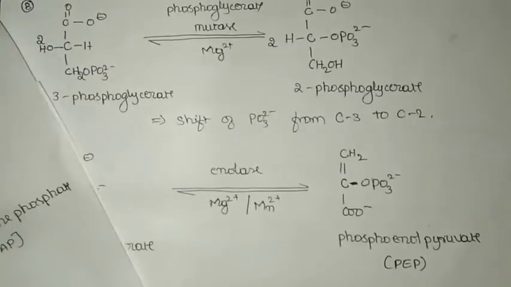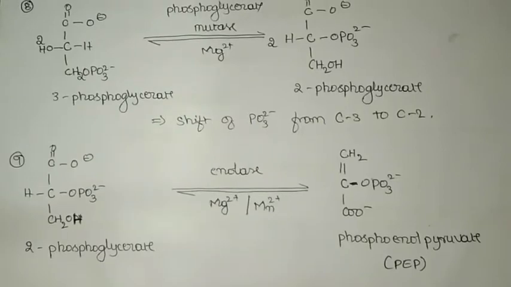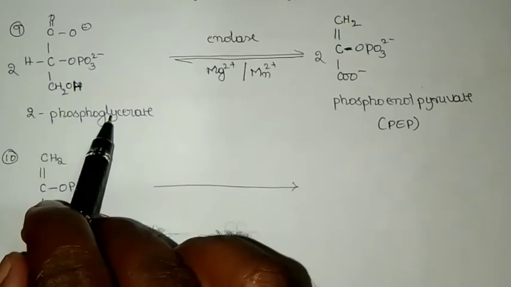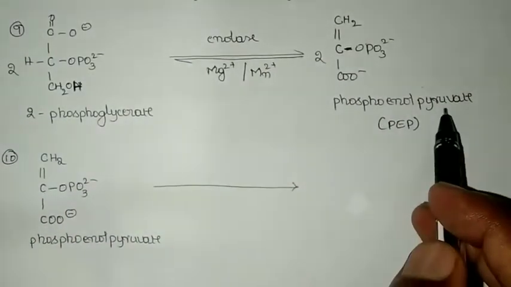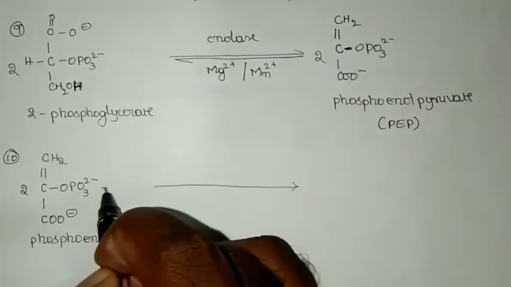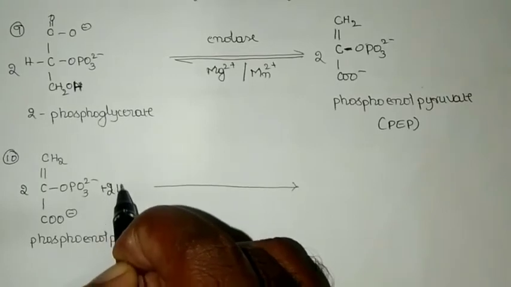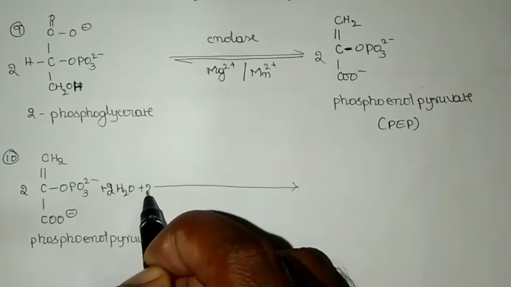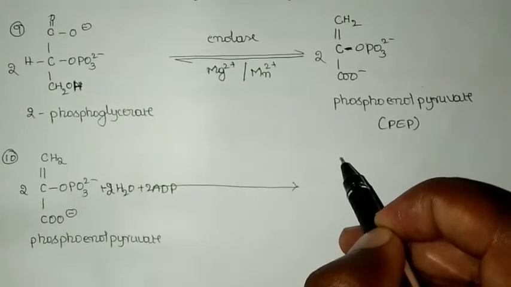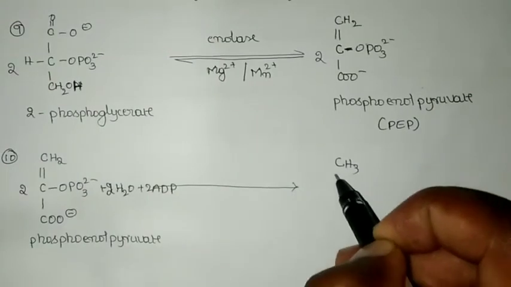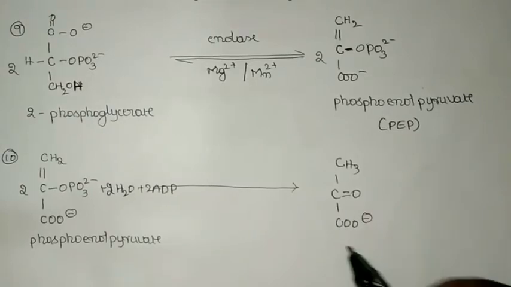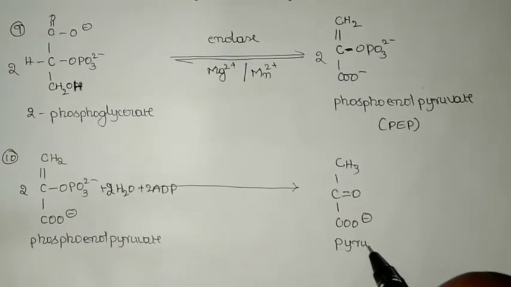Here 2 molecules of 2-phosphoglycerate produce 2 molecules of phosphoenol pyruvate, and 2 molecules of phosphoenol pyruvate will consume 2 molecules of water and 2 molecules of ADP to convert into CH3 C double bond O COO minus, which we call pyruvate.